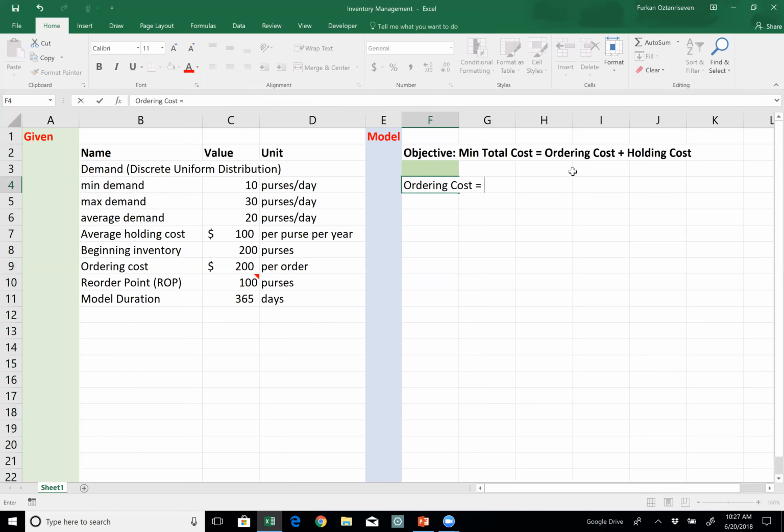Ordering cost is going to be number of orders per year times unit ordering cost. Of course, if I order 5 times and each of them costs me $10, 5 times 10, $50. All right, so I will calculate my ordering cost right here.